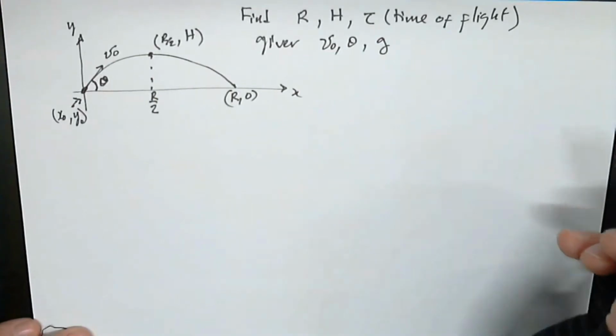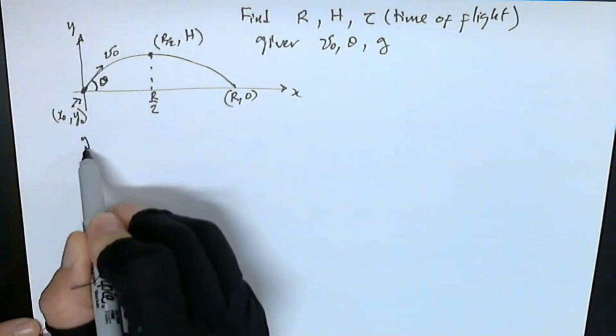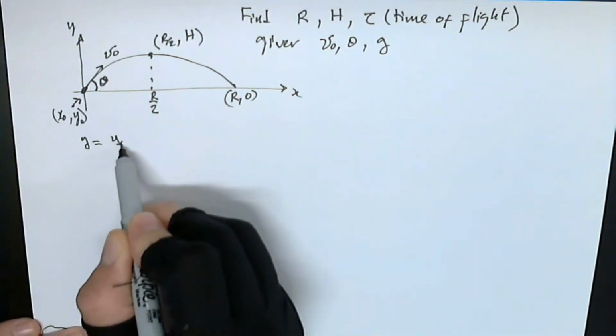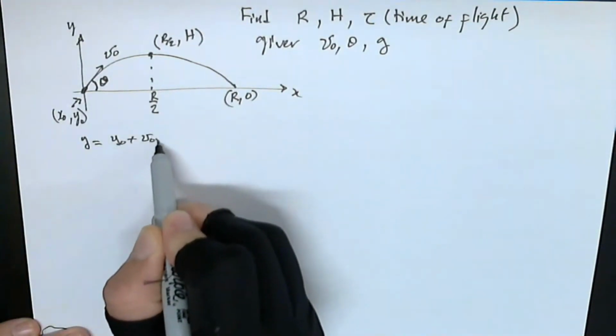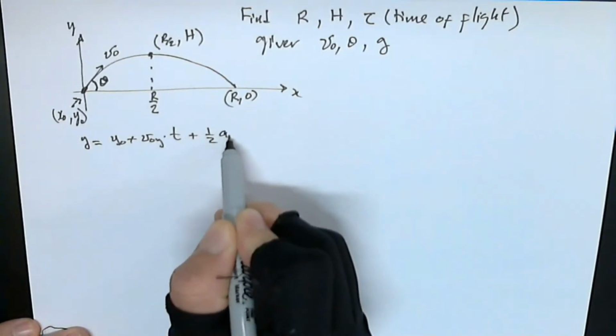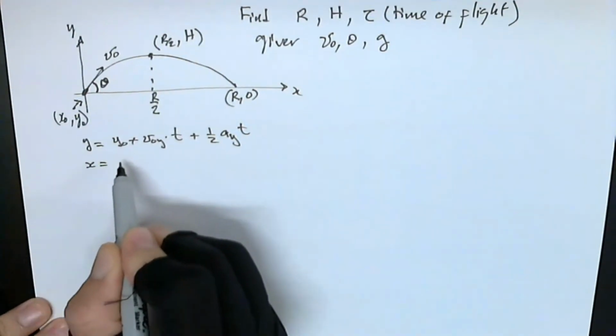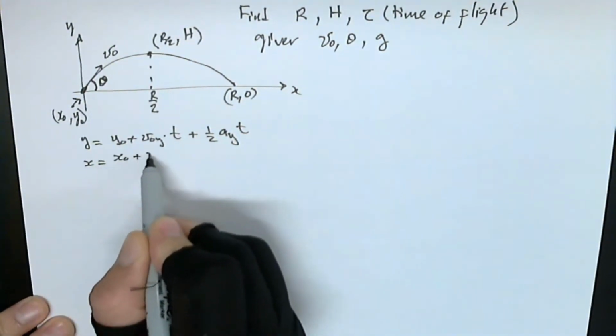Okay, so let's put over here the equation for y: y equals y0 plus v0y t plus 1/2 acceleration in the y-axis times t squared, and the same kinematic equation for x.